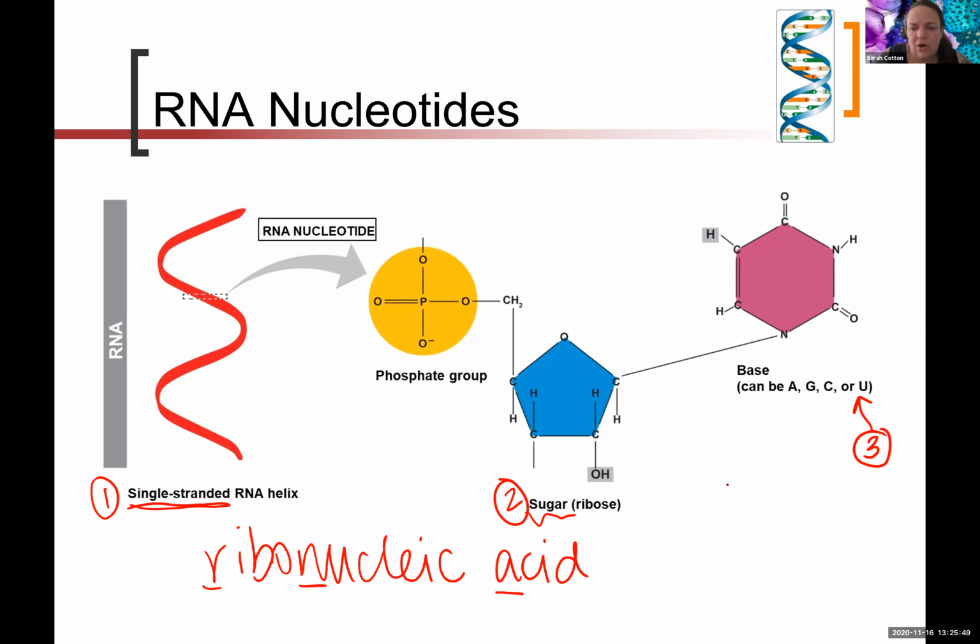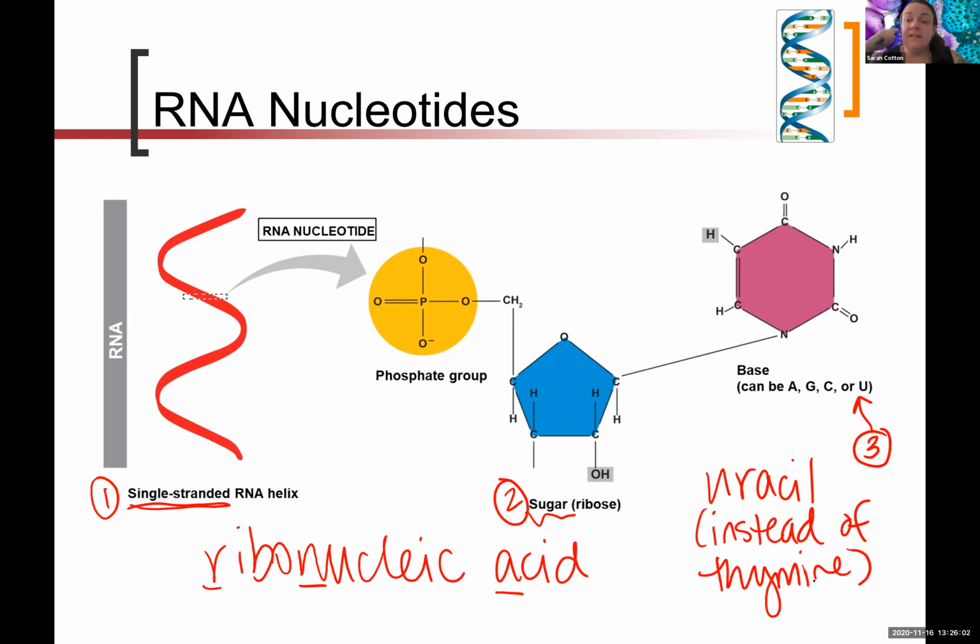U stands for uracil, instead of thymine. Remember the T was thymine. So uracil is found in RNA, thymine is found in DNA. The other three are found in both.